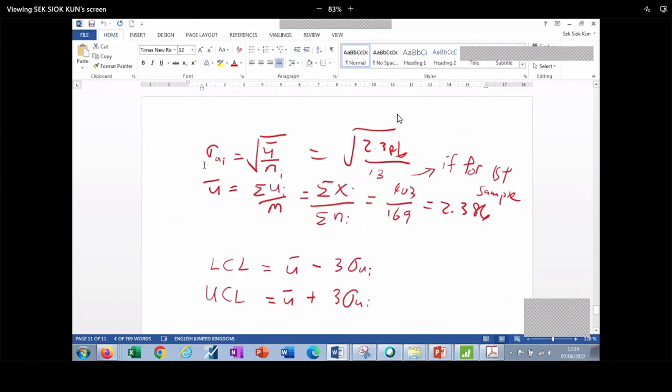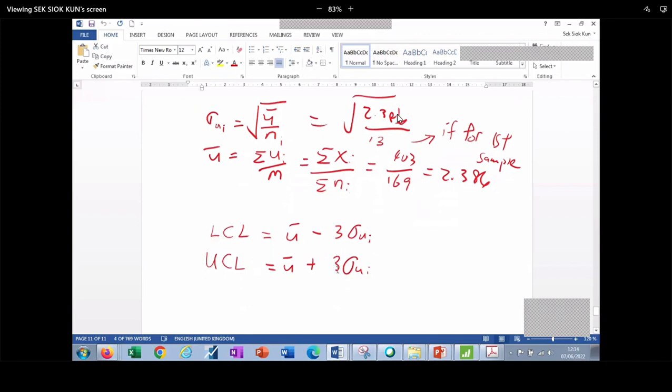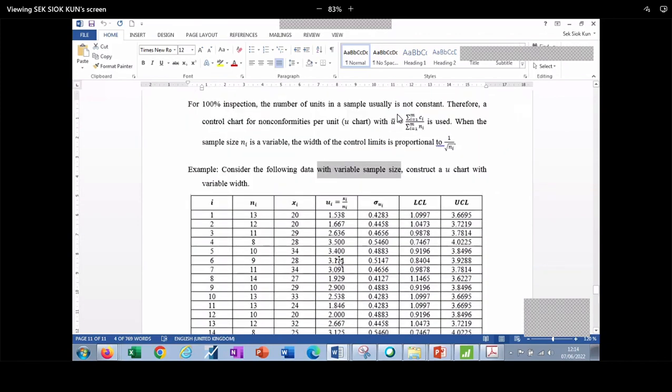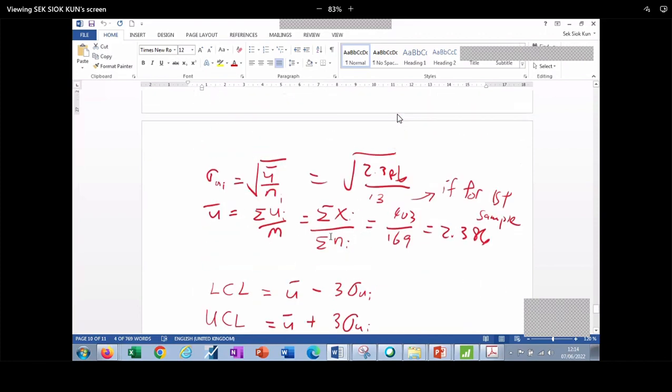So how to calculate the u, and then U bar and sigma, and then also the upper and lower control limits. This is the formula, which follows what is listed here.